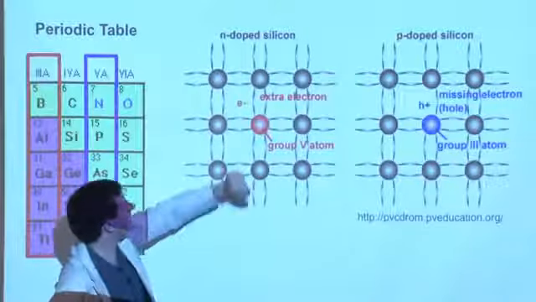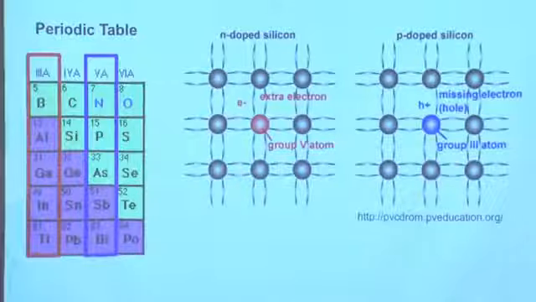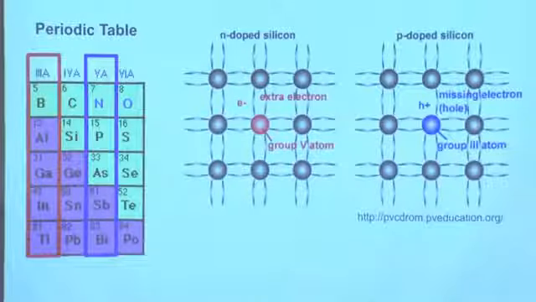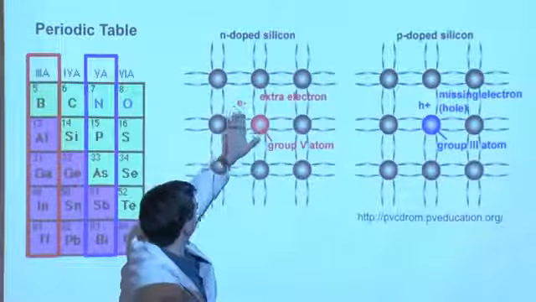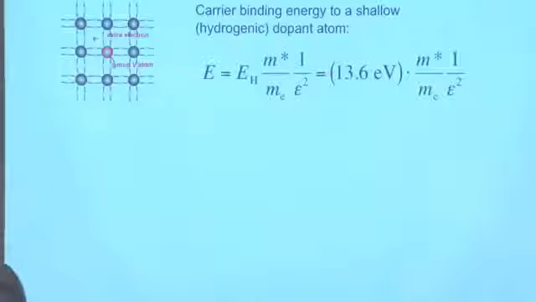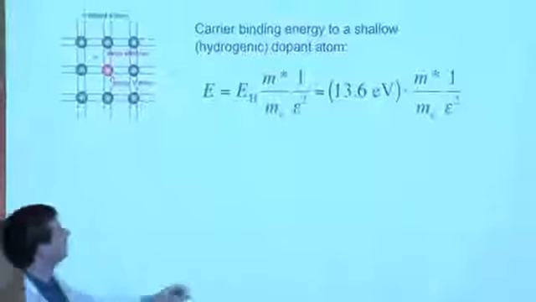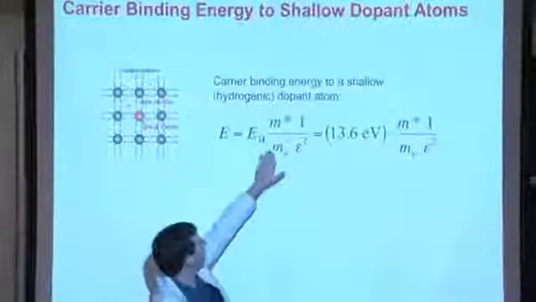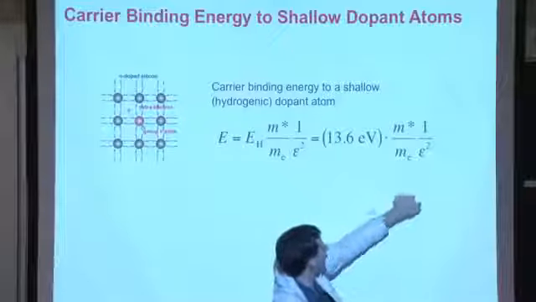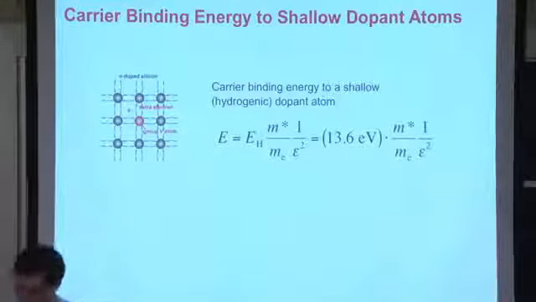And we also have to worry about a property of the electron in a crystal, which changes the mobility of that electron through the crystal. So what we do is we treat this as a hydrogen atom, 13.6 eV binding energy. But then we do a couple of things. We account for electron screening, and we account for what we call effective mass.